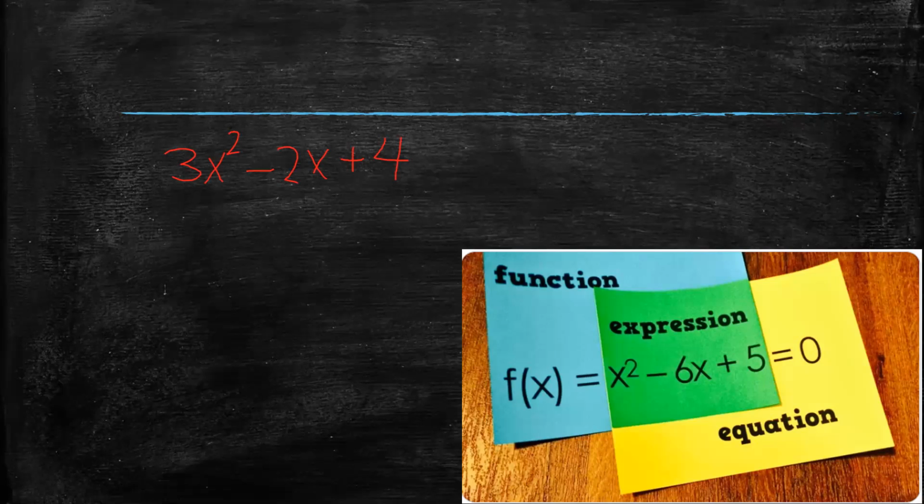Now, if I add y equals 3x squared minus 2x plus 4, or I add f of x equals 3x squared minus 2x plus 4, this now is a function.